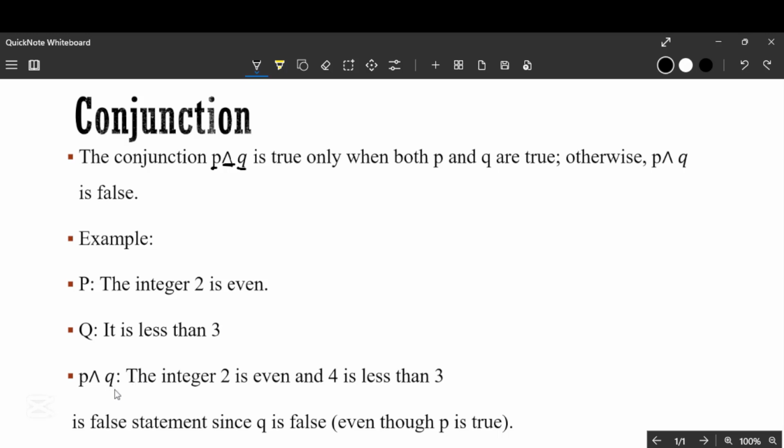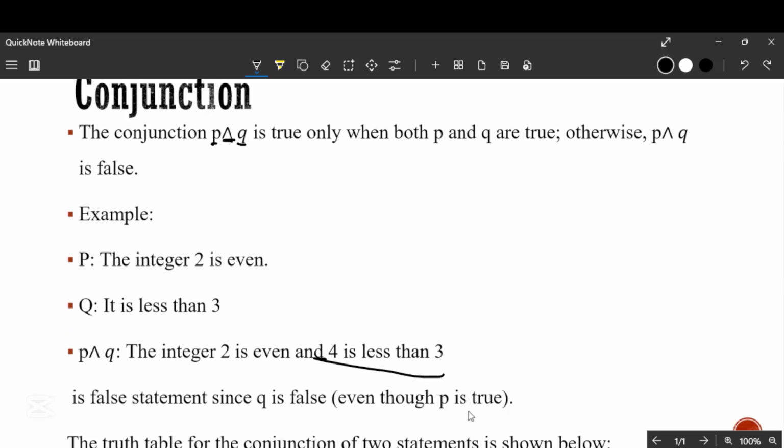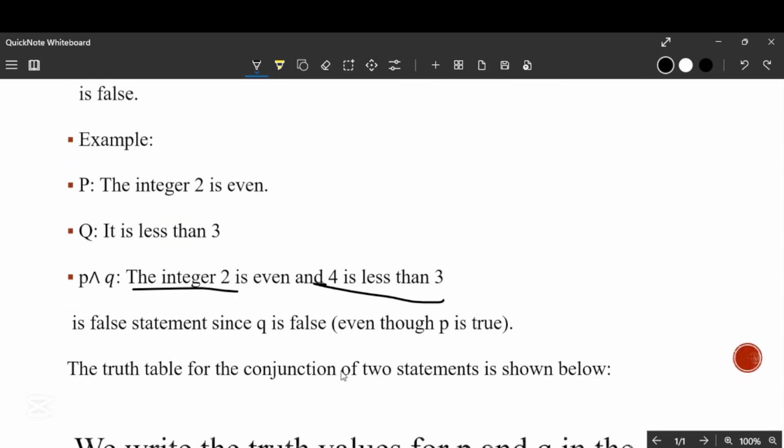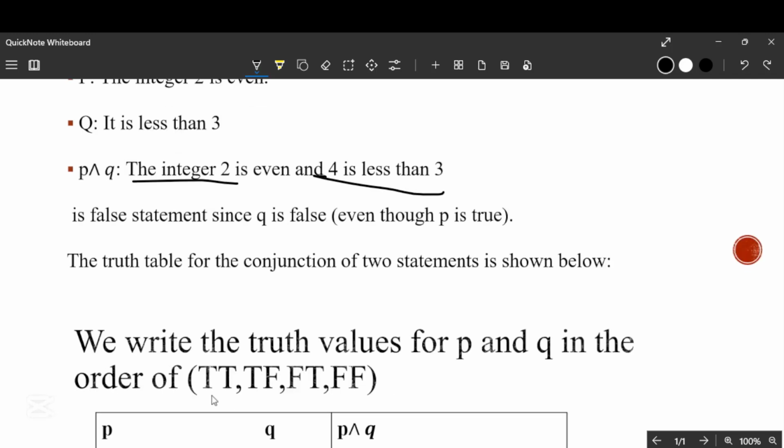So since this particular part of the conjunction statement is false, the entire statement is false. The P statement is true, but the Q statement is false, and that makes the whole conjunction statement false. The truth table for the conjunction of two statements is shown below.